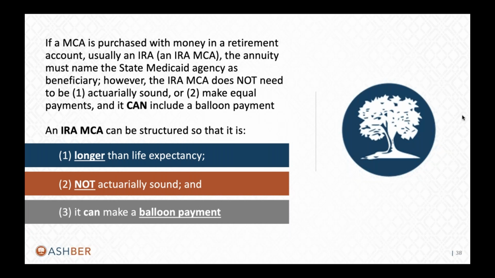An IRA Medicaid compliant annuity can be structured so that it's longer than the person's life expectancy, is not actuarially sound, and it can technically make a balloon payment at the end if we are dealing with an annuity that is purchased with IRA funds. However, the state would still need to be named as a remainder beneficiary on an IRA Medicaid compliant contract.